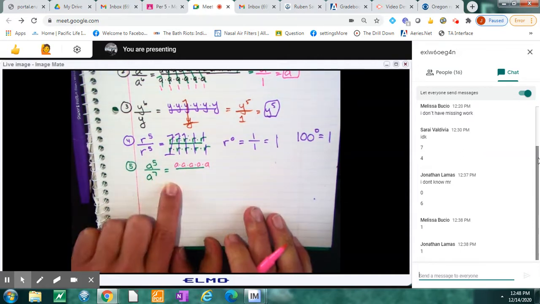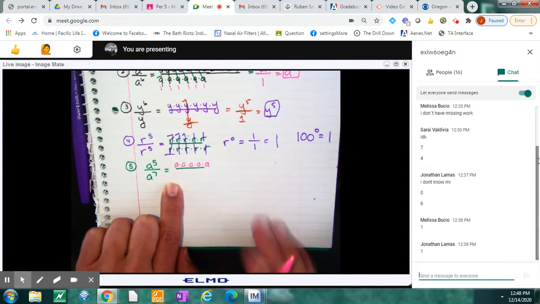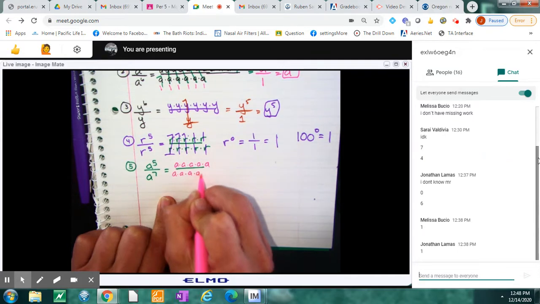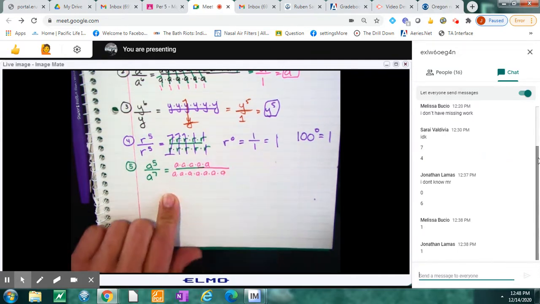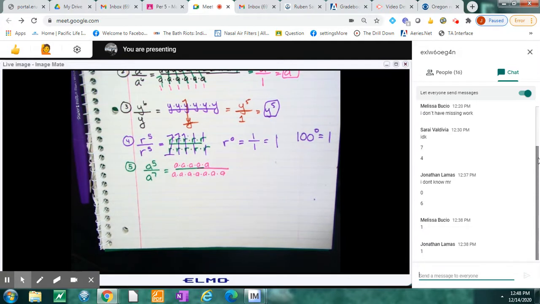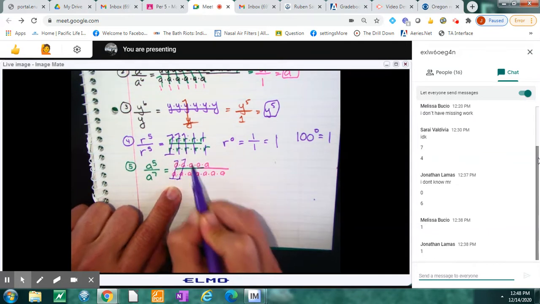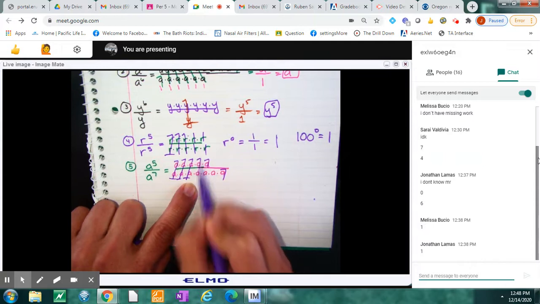And then on the bottom, how many A's? To the power of 7, right? 1, 2, 3, 4, 5, 6, 7. So far, so good? So now do the same thing, guys. Your giant 1s: 1 over 1, 1 over 1, 1 over 1, 1 over 1, 1 over 1.